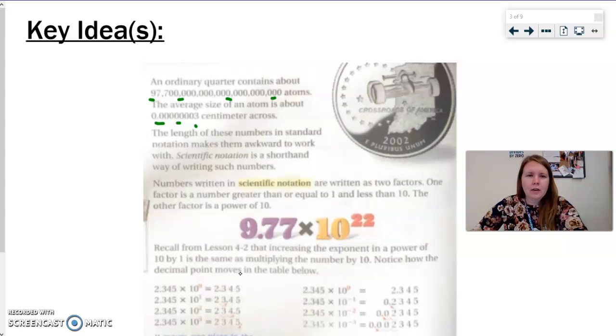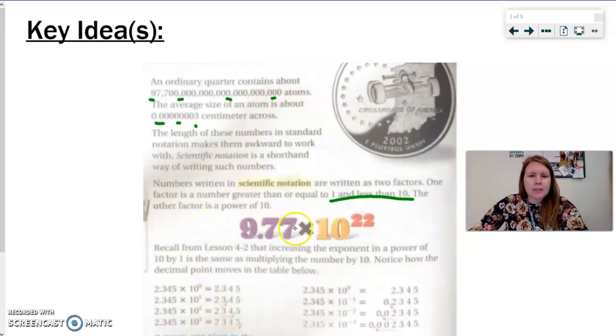One factor is a number greater than or equal to 1 and less than 10. So that first number you always see in scientific notation needs to be between 1 and 10. I can have 9.77, that's fine. I don't want actually 10, and I can have 1 though.